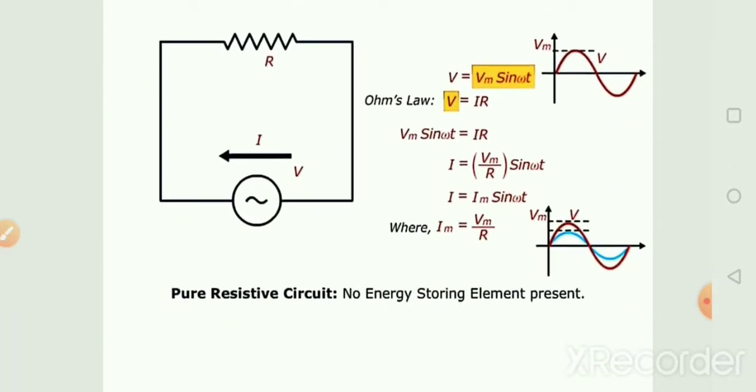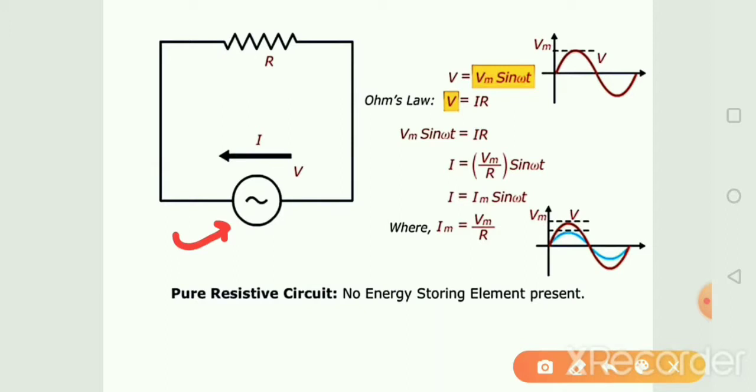First is the resistive circuit, pure resistive circuit. A pure resistive circuit is a circuit which consists of a supply voltage. The value of this supply voltage is Vm sin omega t, which is a sinusoidal voltage.